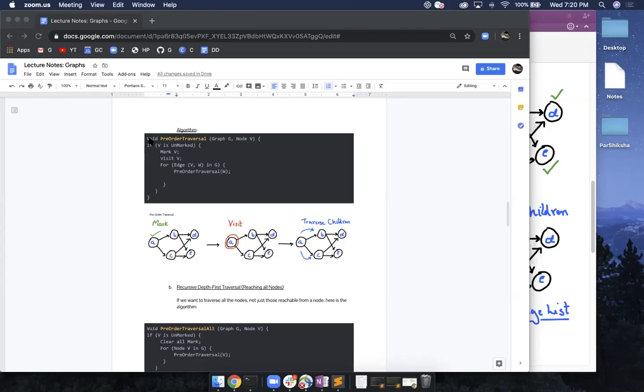So you're given a pre-order traversal for a graph which is represented by G and a set of nodes which is represented by V. And you can imagine this set of nodes being the set of nodes that are the source for this particular traversal, right? So the problem here is that you're given a graph and a set of nodes from which you want to figure out all the other nodes that can be reached in this graph.